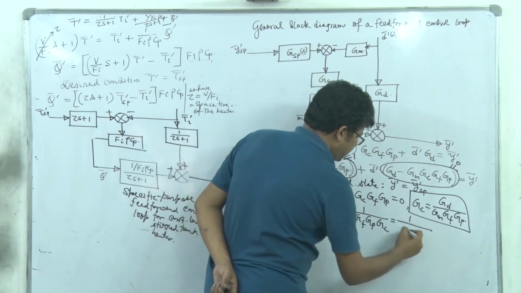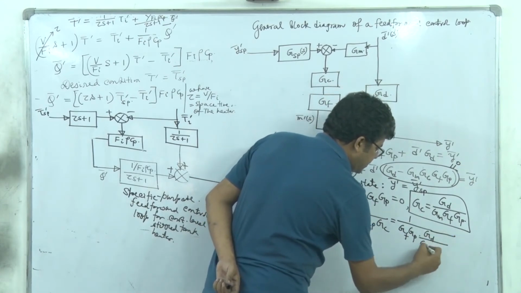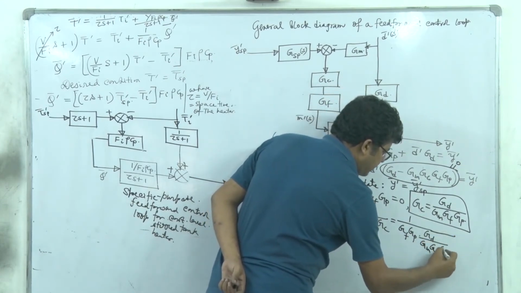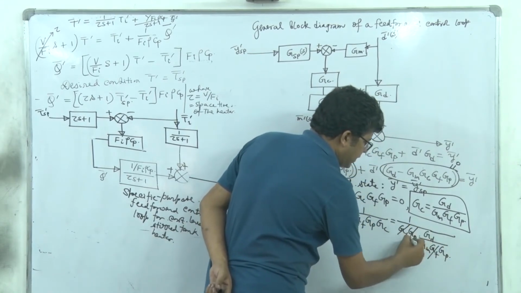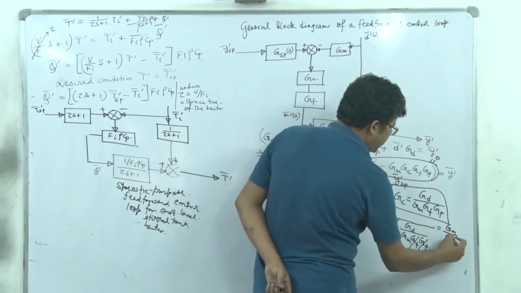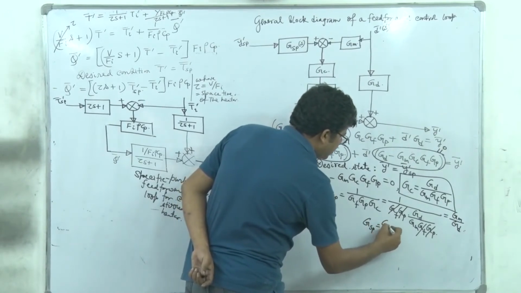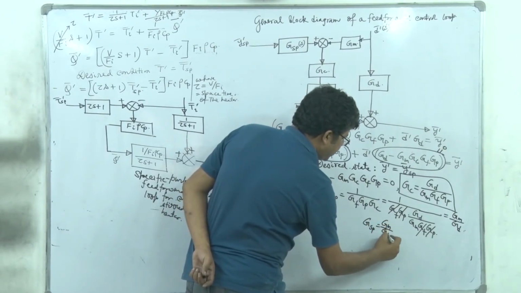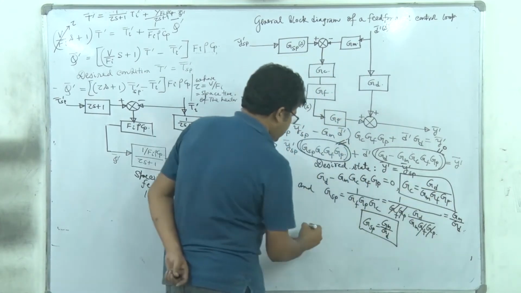Now substitute the expression we have obtained for GC, that is GD divided by GM GF GP. So GF cancels out, GP cancels out, so it is GM divided by GP, right? So GSP is equal to GM divided by GP. So these two are the design, right?